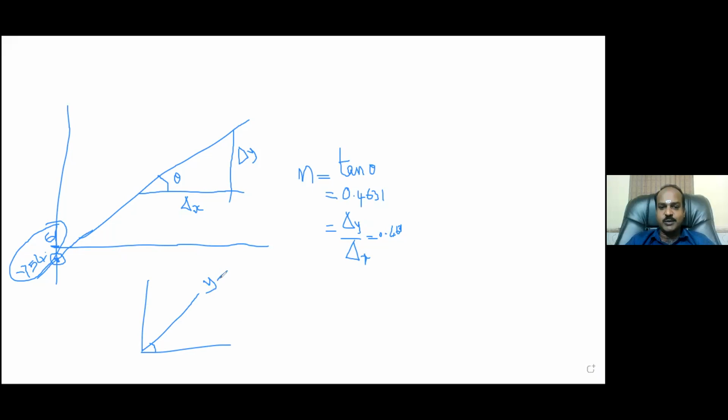Del y by del x equals 1. So y equals? x. Y equals x is the equation of direct correlation. It passes through the origin with a slope of 1. M equals 1, otherwise theta equals 45 degrees.